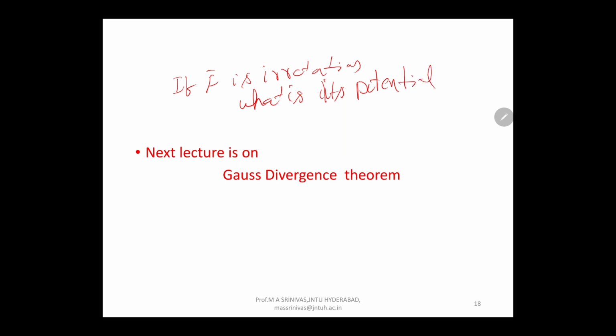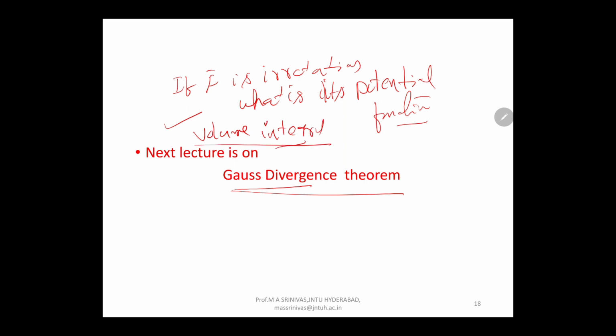How to find out that phi? I'll solve one or two problems on this topic also. After that, I'll move to the Gauss divergence theorem. Before going to it, I will define the volume integral, and after that, I will derive the Gauss divergence theorem.